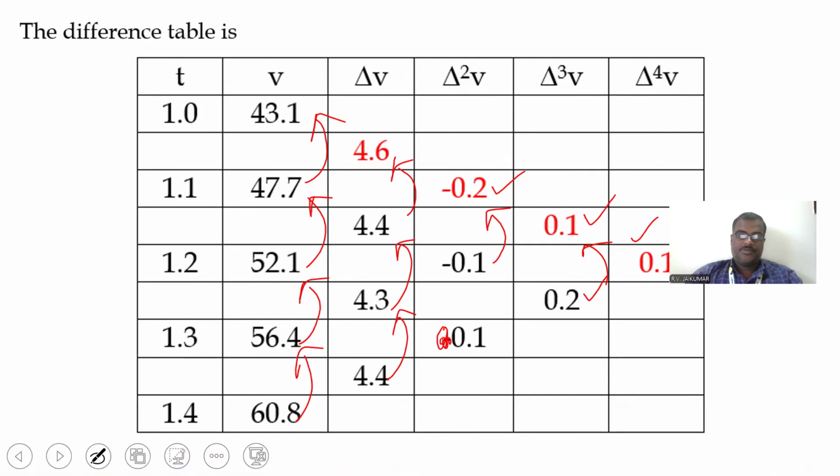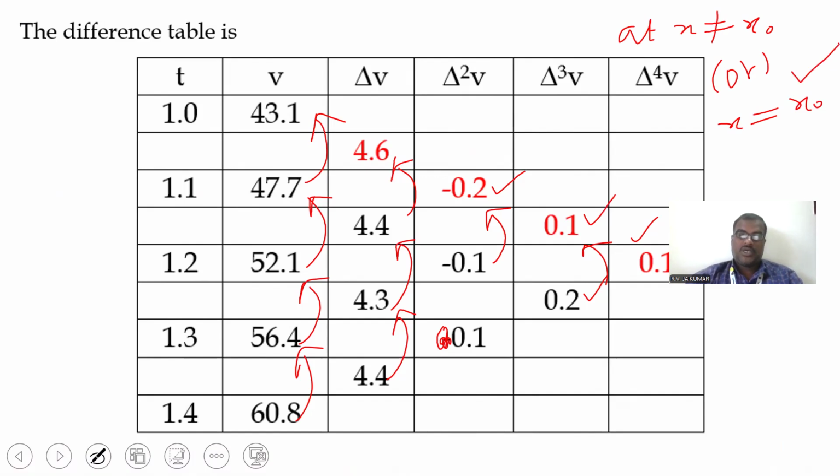Now we can use the proper formula, and we can solve this problem in two ways. One is to use the formula at x not equal to x naught. For this problem, you can use at x not equal to x naught, or you can use at x equal to x naught.